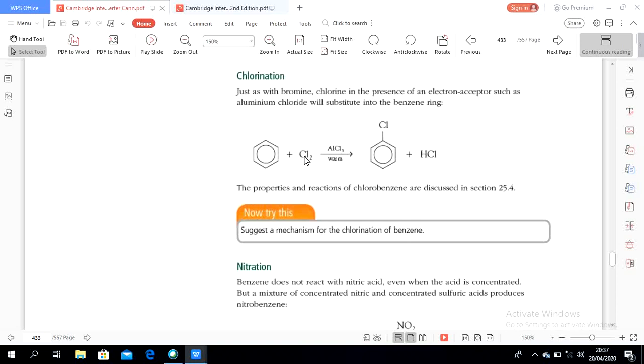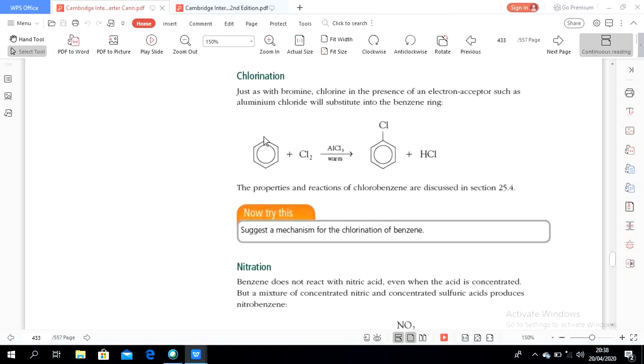This chlorine electrophile will be attracted to the benzene ring, and then that will displace the hydrogen atom.